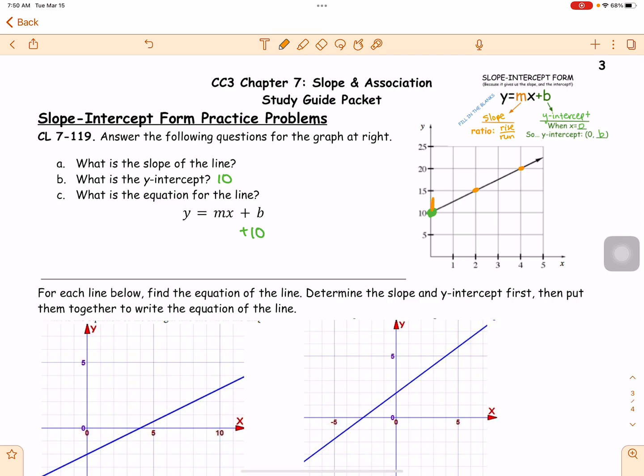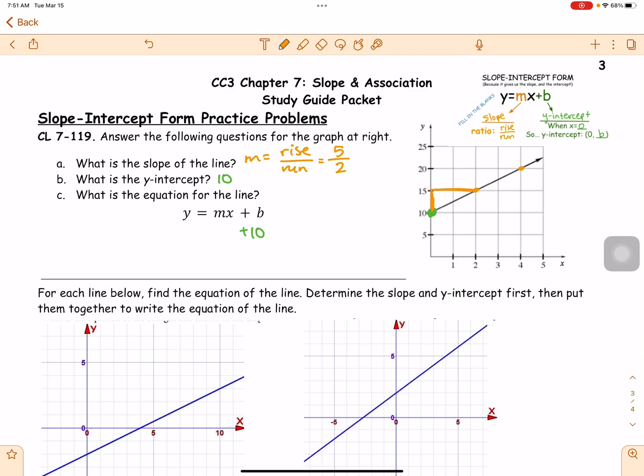A lot of students tend to just start from the y-intercept and use that. So my rise over run, my rise here, I'm going up 5 because look, it goes 5, 10, 15, 20, 25. So that means I'm going up by 5 every time. So my rise is 5, and the run on the bottom, I just go by ones, so it's 1, 2.